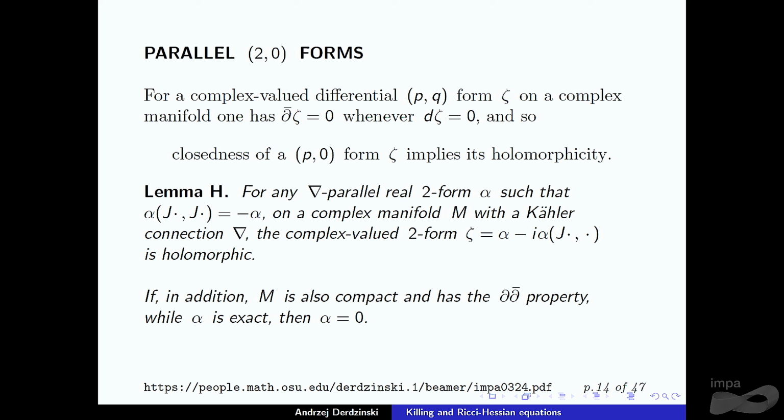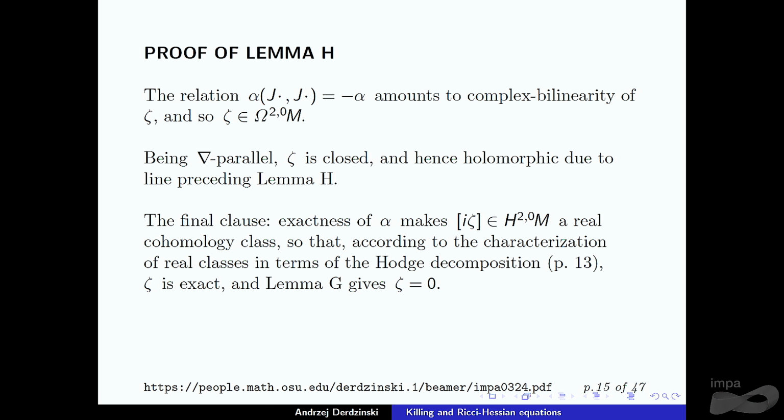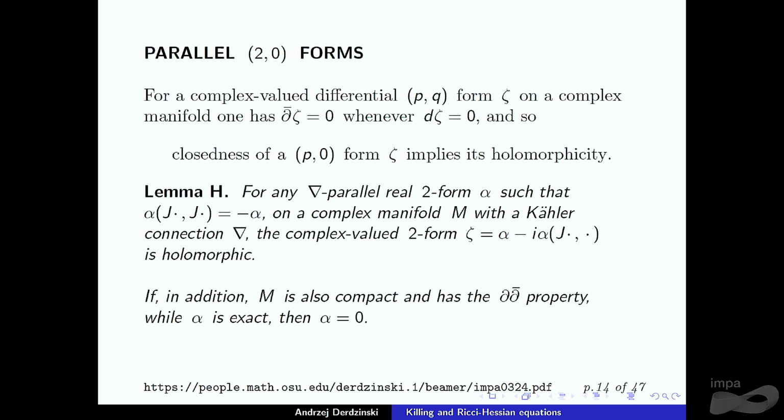Sorry, let me backtrack. What we know is the following: we know that alpha is exact. Therefore, the real part of zeta is exact, which means if you take I zeta, it is real.